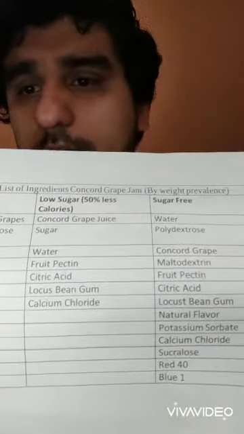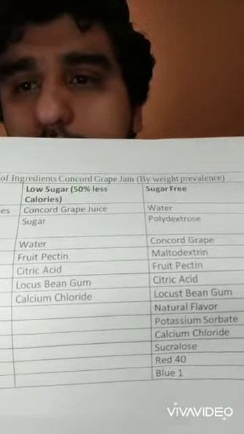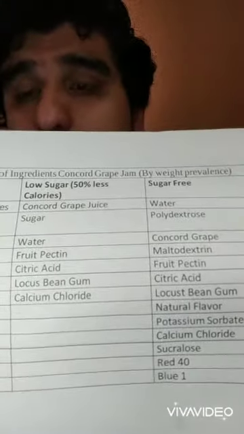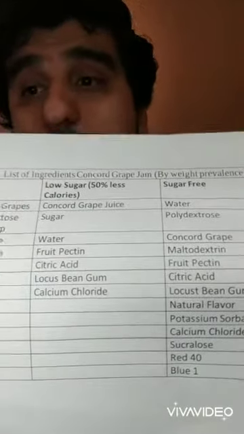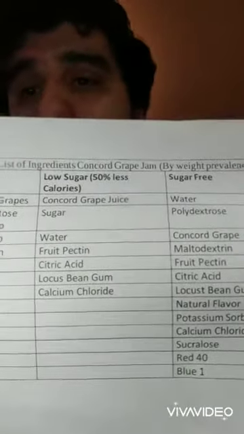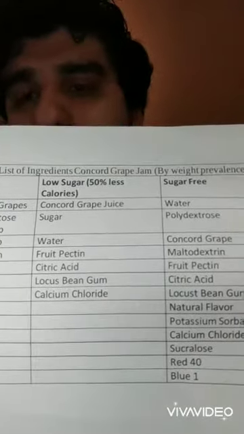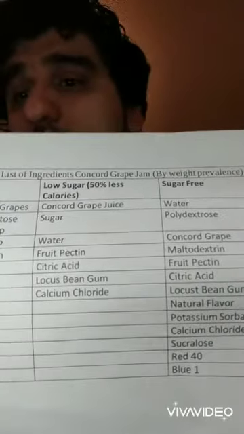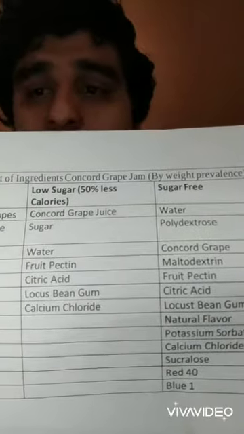Locust bean gum is used a lot in these kinds of processes because it acts as a stabilizing and a thickening agent. It's also called carob gum because it comes from the carob tree. Locust bean gum is a natural additive derived from the seeds of this tree, and is used in many products such as ice cream, yogurt, and cream cheese.